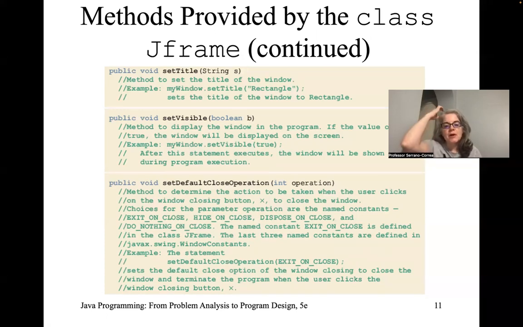Choices for the parameter operations are the named constants, exit on close, hide on close, dispose on close, and do nothing on close. So these are our choices to put right here to send to set default close operation.